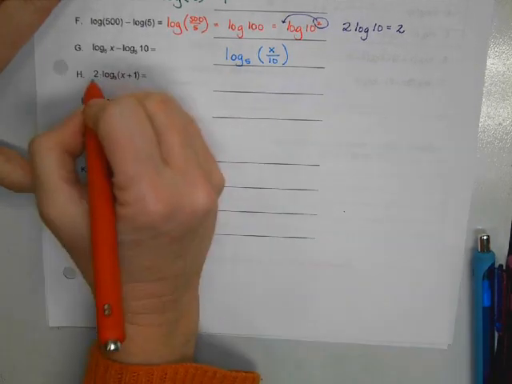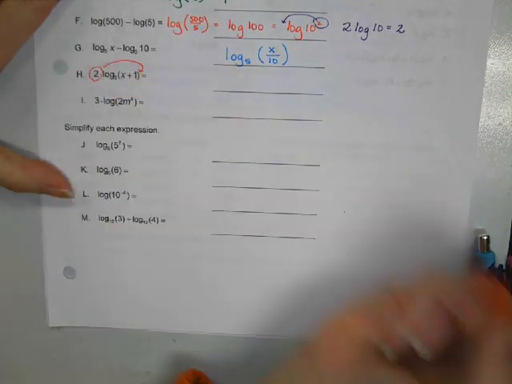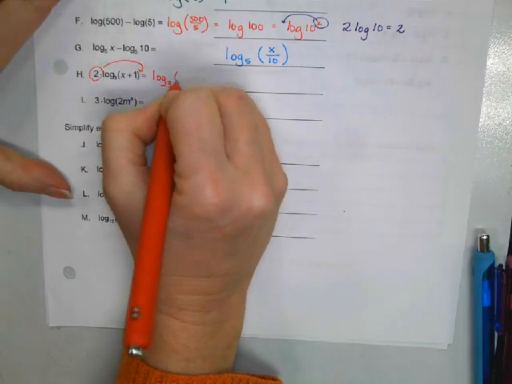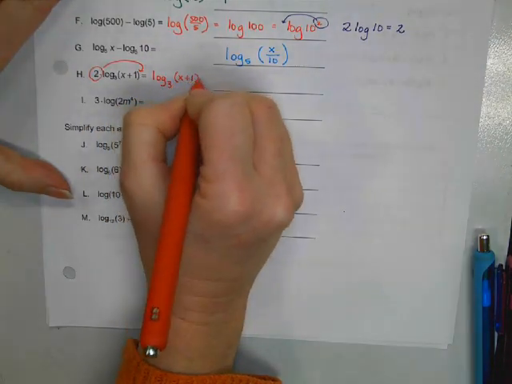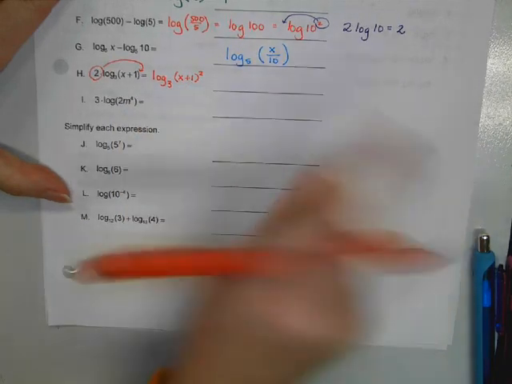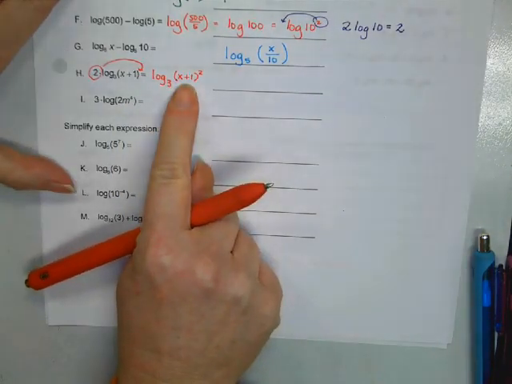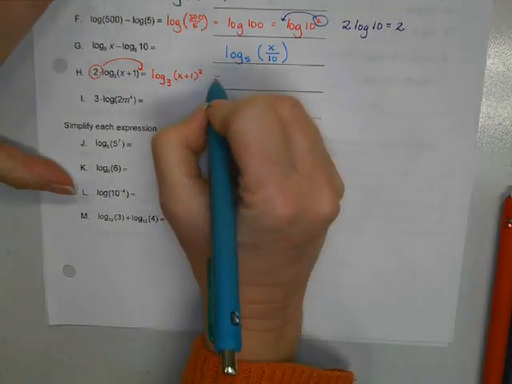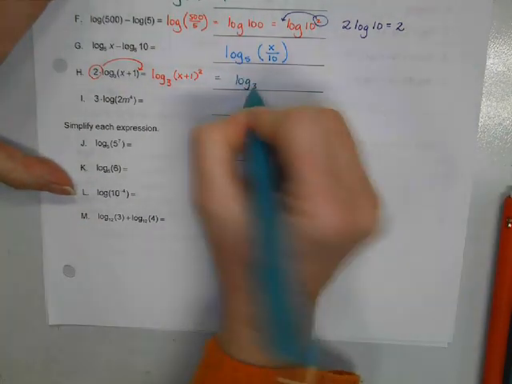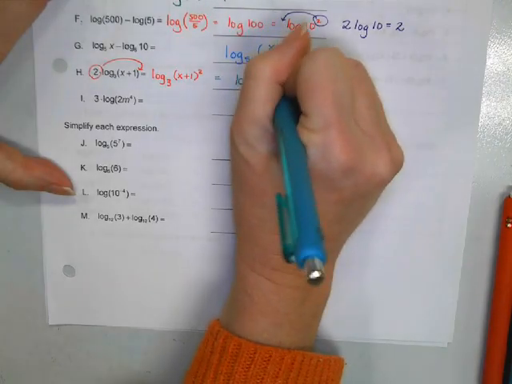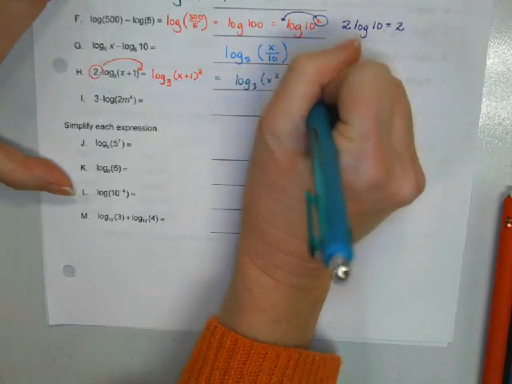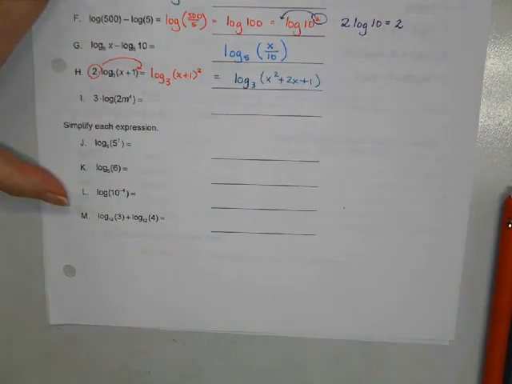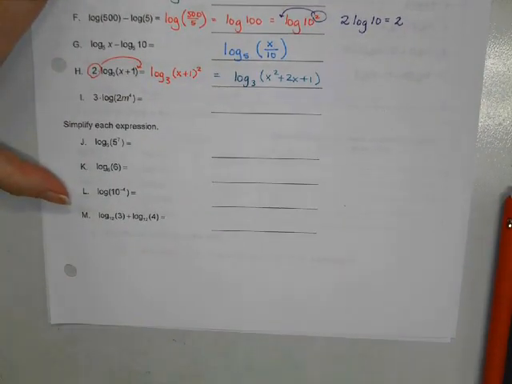On this one, I'm going to take my 2 and put it back on the argument. So that would give me log base 3 of x plus 1 squared. And now I'm actually going to go ahead and square that out, just because that's what you're supposed to do. So that would be log base 3 of x squared plus 2x plus 1.